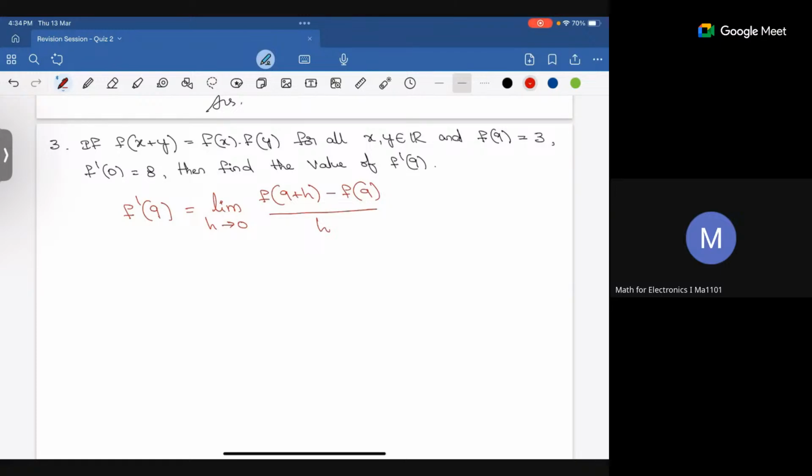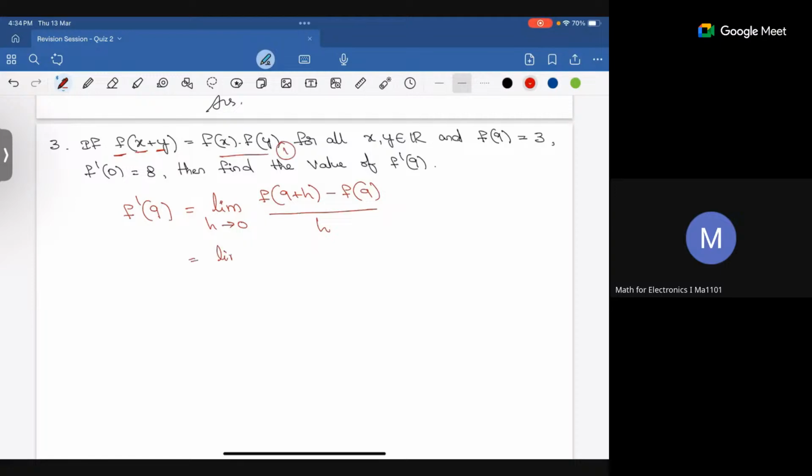I know f of 9, right? But the function is not given to me explicitly. So I was given f of 9 plus h, but I know that when I add, f of x plus y, I can write it as f of x into f of y. So that I will use. Let's say this is condition 1.